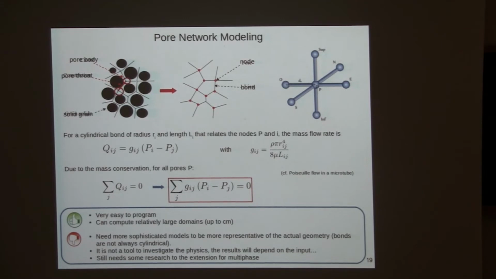The main drawback is you approximate the real geometry. Especially you say that the throats are cylindrical, and that can be a big assumption, especially when you deal with multiphase flow when you have corners and things like that. So you will need to change this kind of flow.